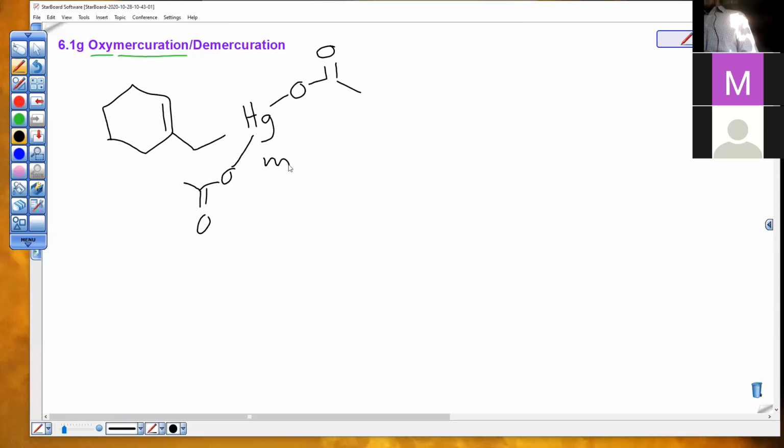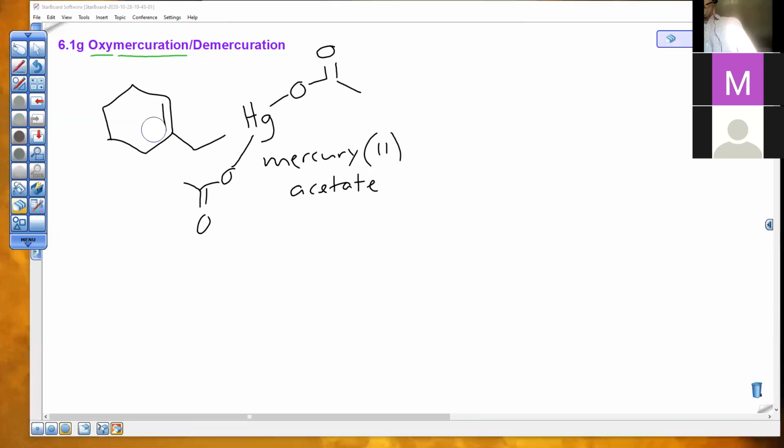That's mercury II acetate. The II from your inorganic chemistry days just means its charge is +2. And here's our alkene. Make sure you don't think it's bonded to mercury already. So that's two of the ingredients.